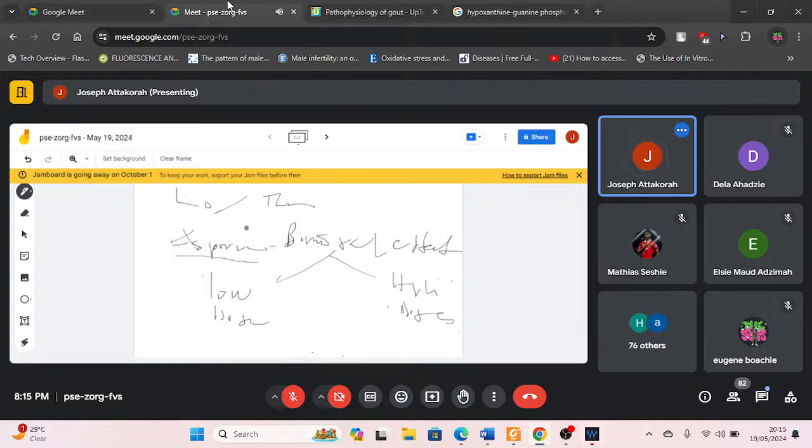Yes or no? Can a gouty arthritis patient use low doses of aspirin?